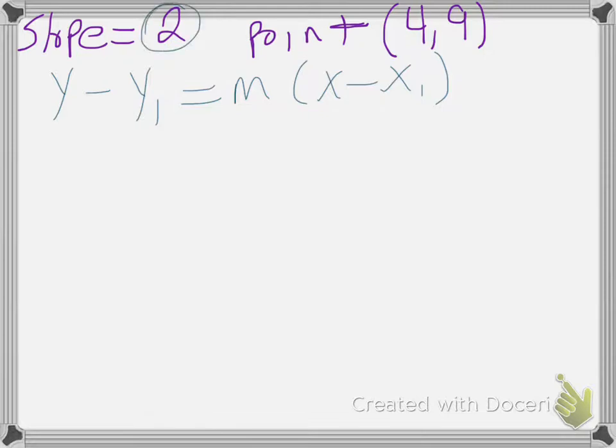Remember, we should know the slope is 2, so this is 2. Here's the point. So this is x1, this is y1.